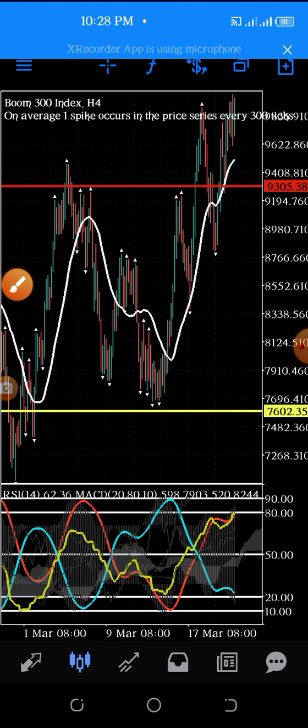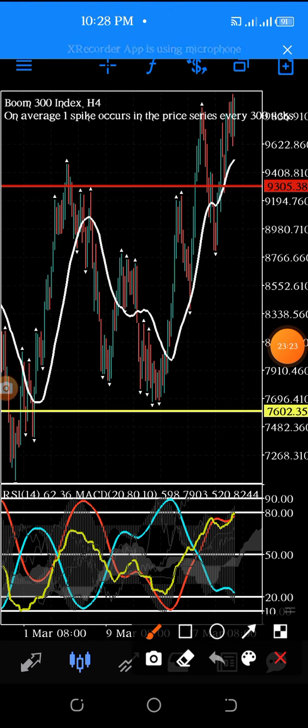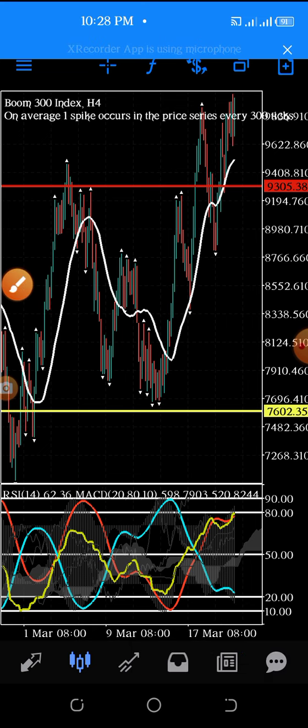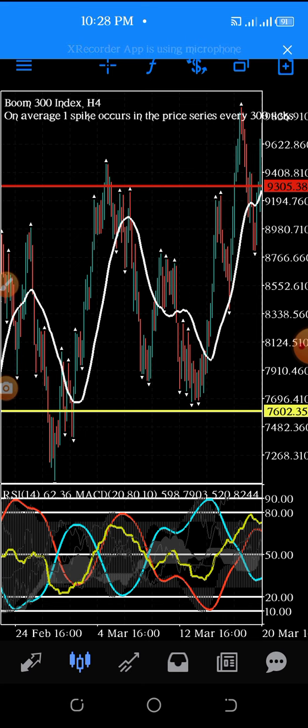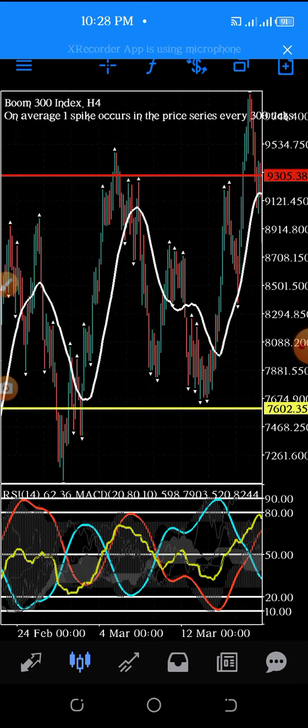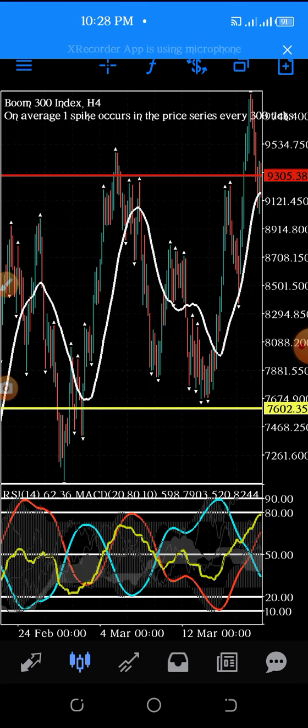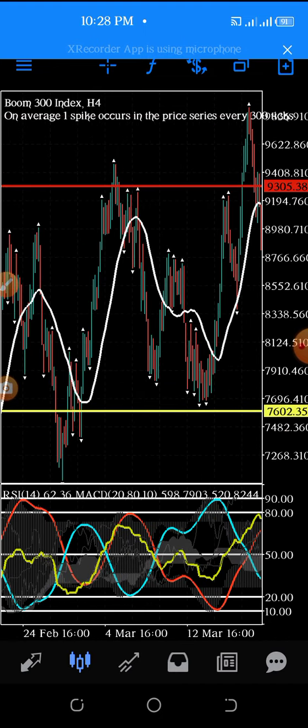So when the price hits the support zone, you buy. Look at it. Support zone is here now. Look at the support zone here. You buy. And when the market hits the resistance zone, you do what? Look at the resistance zone.